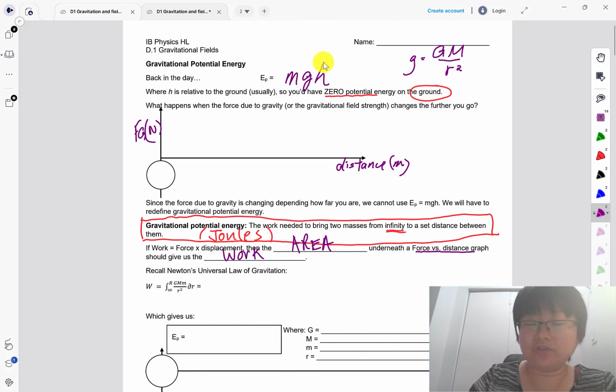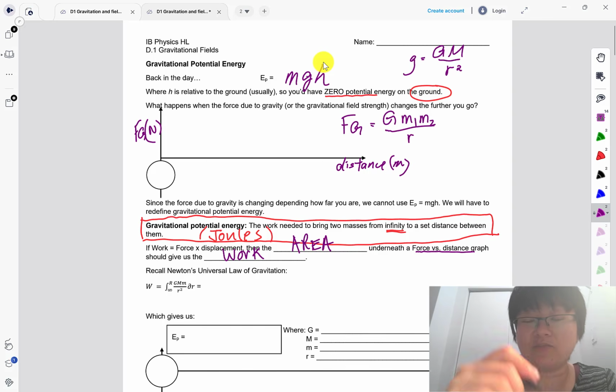That is Newton's universal law of gravitation, in which Fg is Newton's gravitational constant times mass of object 1 times mass of object 2 divided by your distance of separation from their center of masses squared.